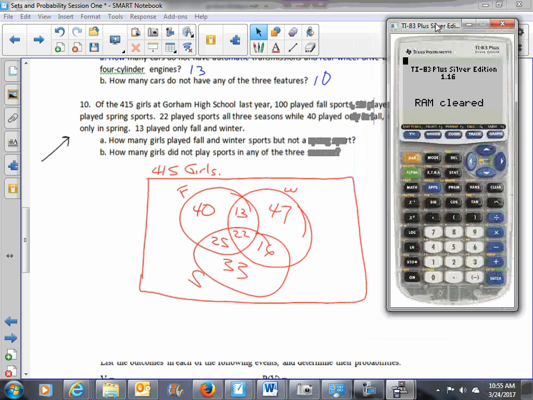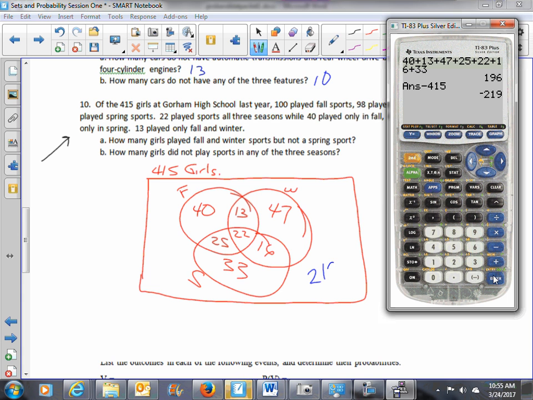So we move this over here, and now what do we have? We have 40 plus 13 plus 47 plus 25 plus 22 plus 16 plus 33 is a total of 196. Now, if we subtract 196 from 415, we're going to get 219, so there's a 219 here.